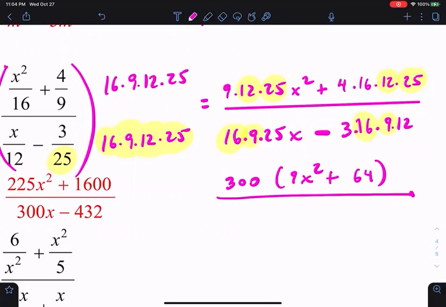So we can simplify that 16 times 9, right? So 16 times 9 is 144, and we get 25x minus 36.